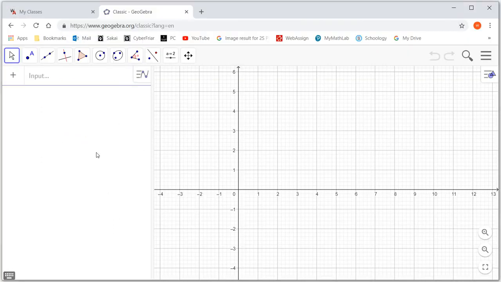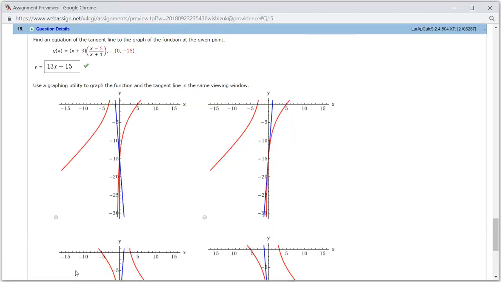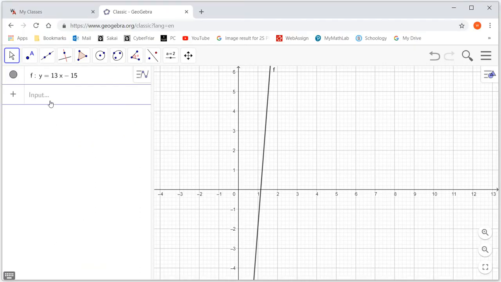Here's GeoGebra. The tangent line is y equals 13x minus 15. Hit enter, so we have that. And then the function, I forgot the function: it was (x + 3) times (x - 5) divided by (x + 1).